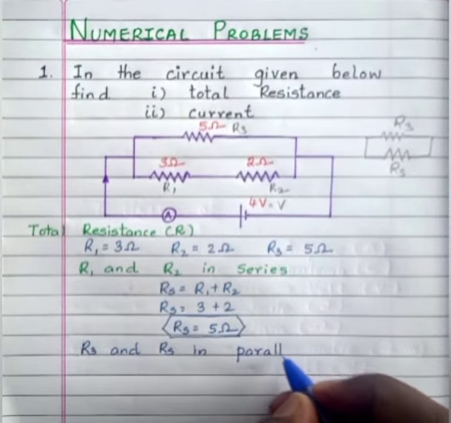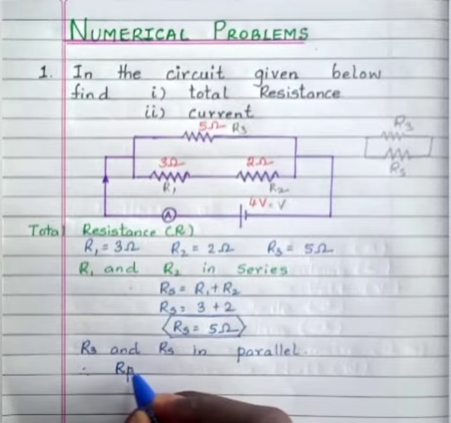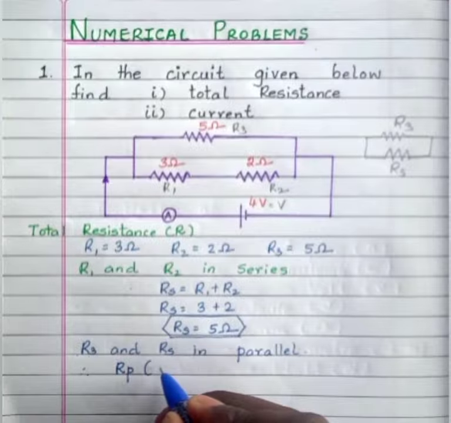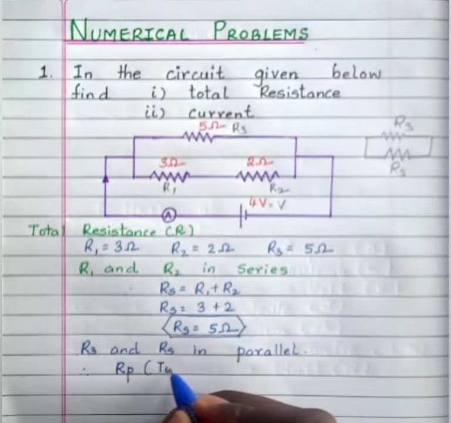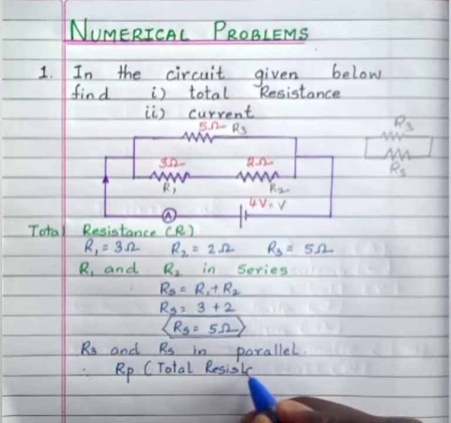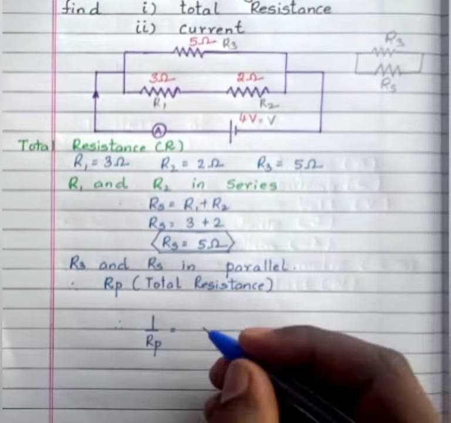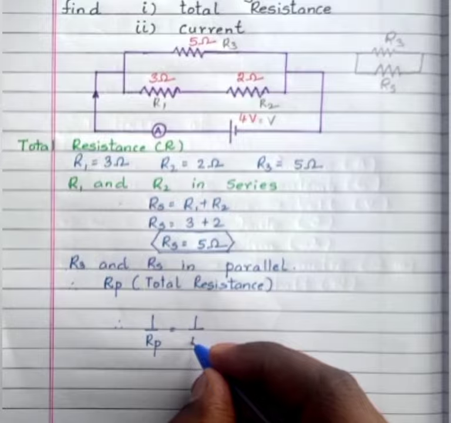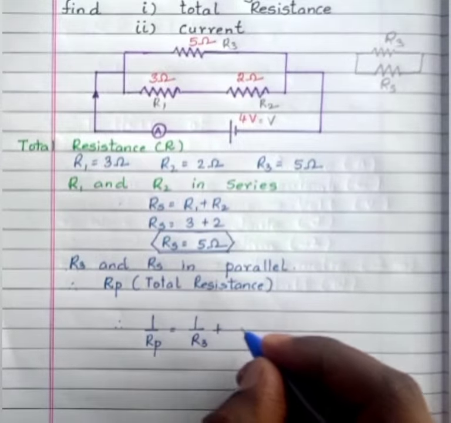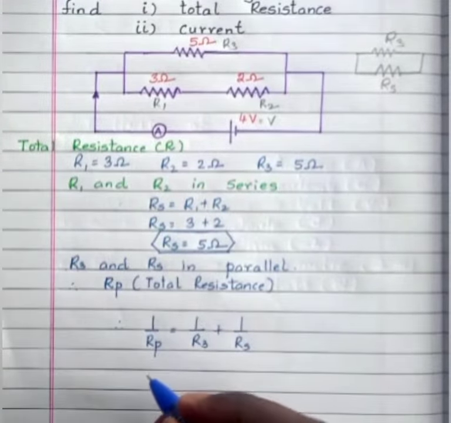What is the formula to find the effective resistance when resistors are connected in parallel? That is 1 by Rp equals 1 by R3 plus 1 by Rs. We will consider Rp as the total resistance of the circuit. Therefore, 1 by Rp equals 1 by R3 plus 1 by Rs, because Rs and R3 are connected in parallel.